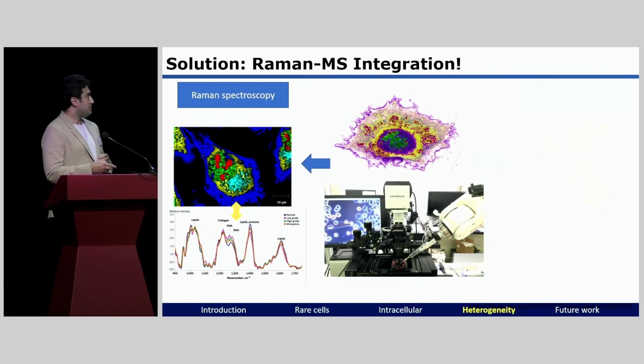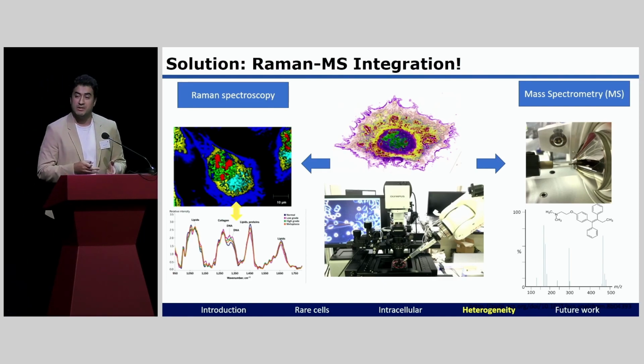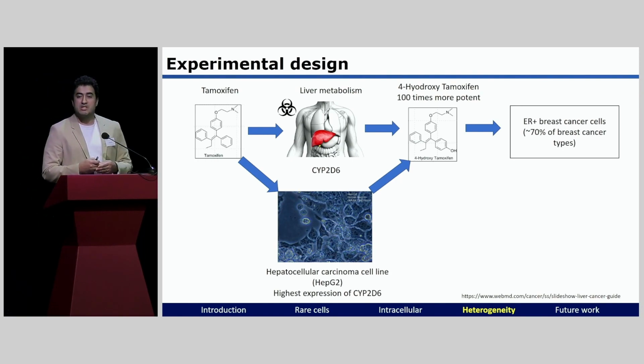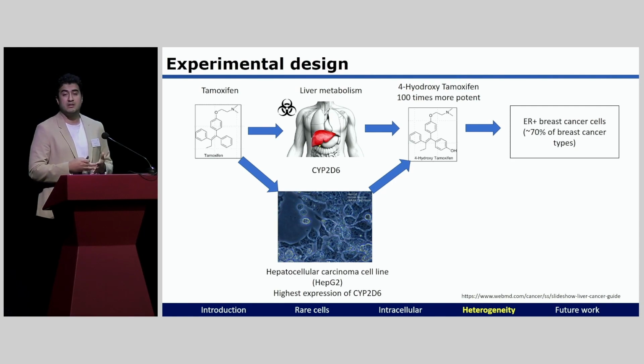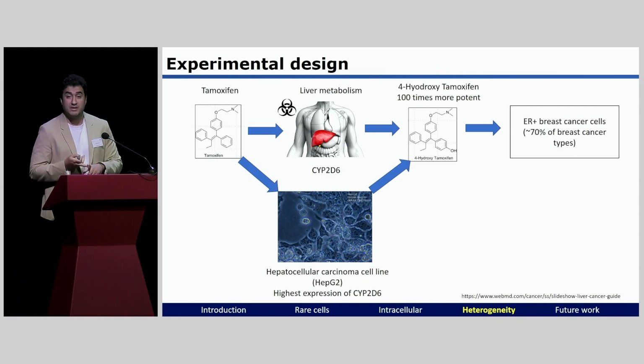if the cell is affected by the drug or not. And then, using our method for the same cell, we can sample it and get more quantitative data for the drug uptake and drug metabolism. We designed a small experiment about this. It was published recently in Analytical Chemistry, so we're very happy about this. We designed it around tamoxifen, because we want to measure three things: uptake, metabolism, and effect.